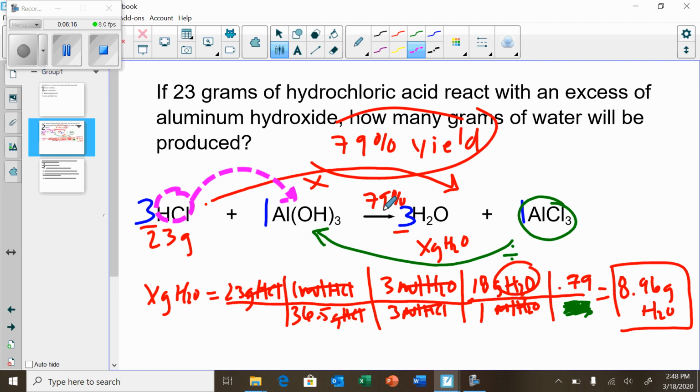So if I'm going from a reactant to another reactant, don't care about the percentage yield. If I'm going from a product to another product, guess what? Don't care about the percentage yield. So it's only when I'm going across the arrow, and that's why I always have you guys write it on top of the arrow. Okay, there you go. Good luck with other percentage yield problems when you run into them.